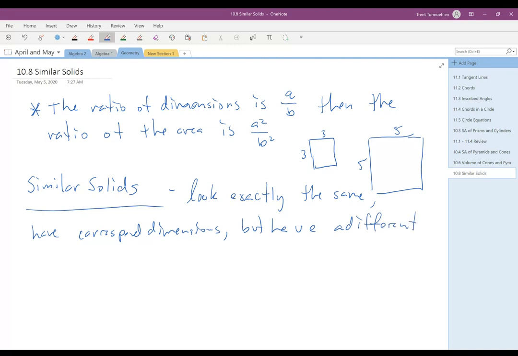So, for example, you might have a rectangular prism. These might be your two rectangular prisms.